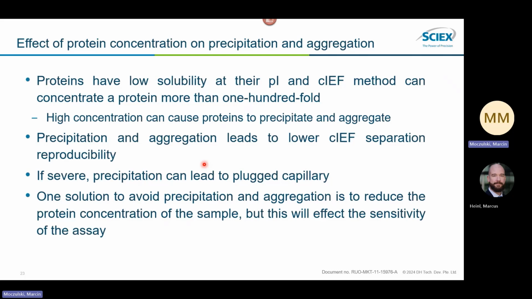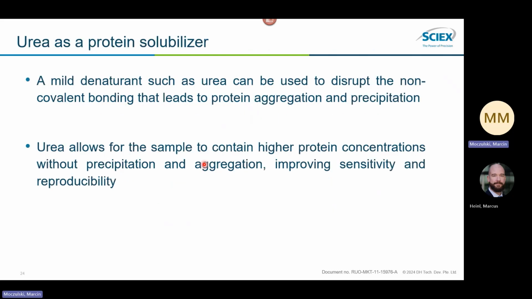Nevertheless, the isoelectric focusing method can concentrate protein more than 100-fold. If we have a problem with eventual precipitation or aggregation, which affects the final quality of separation, we can reduce sample concentration, or we can use some protein solubilizer helper.